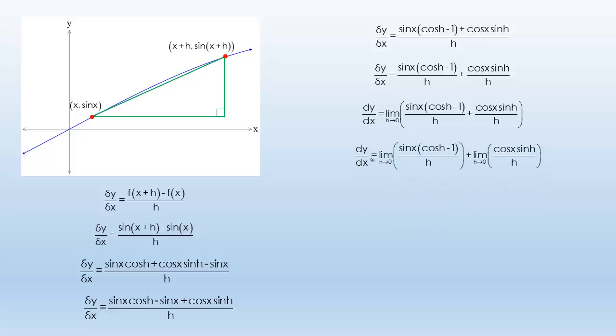So what we're doing here, this is a limit of a sum, and we're saying that that's equal to the sum of the 2 individual limits. You can see how we split that. Once again, you're just going to have to accept that.